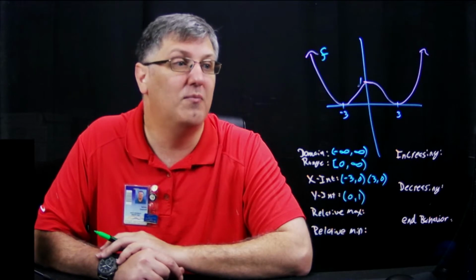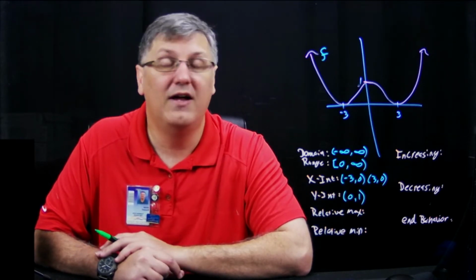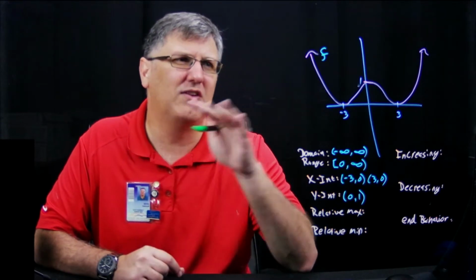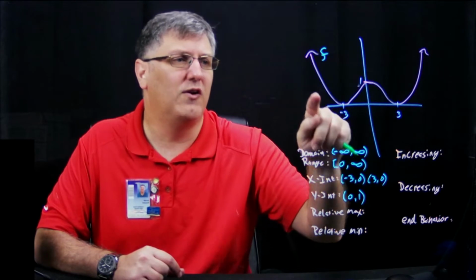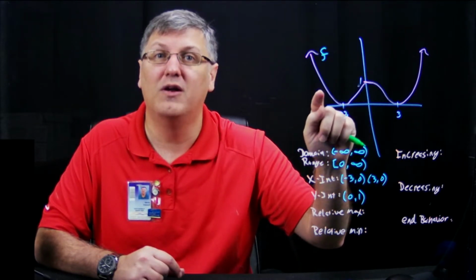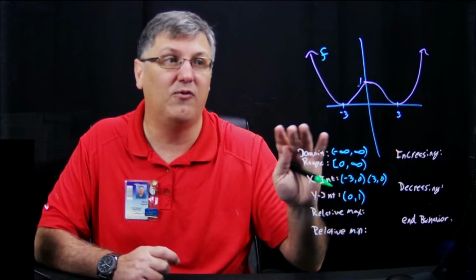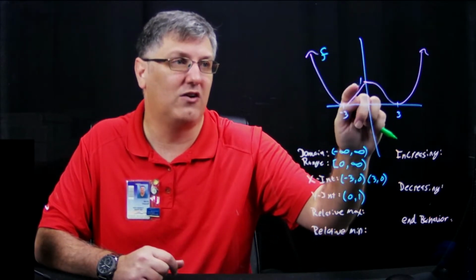Now, my relative max, or my relative min, well, let's talk relative max. That's basically a maximum that's not the end behaviors. It's these little curves in the middle. So if I look here, this part is a low point, so this is a relative minimum, and I'll go more in detail on how to figure this out in a different video. This one here is a relative maximum because it's kind of curving here.